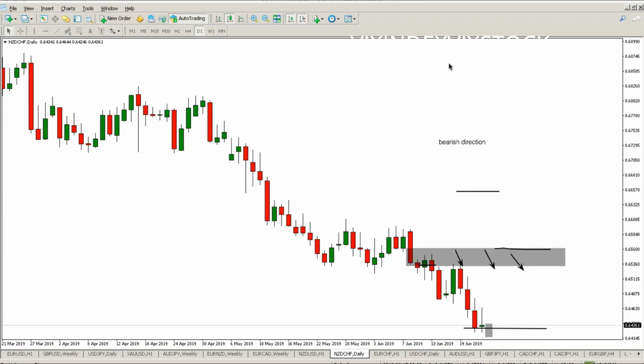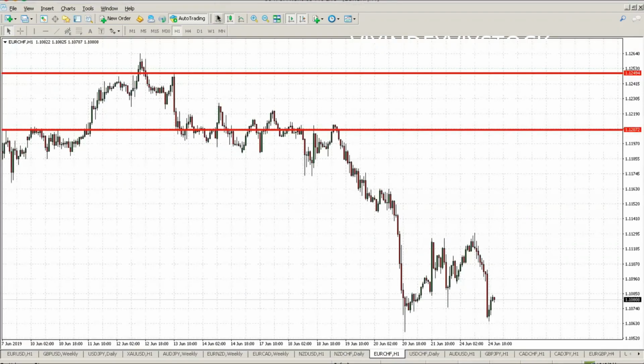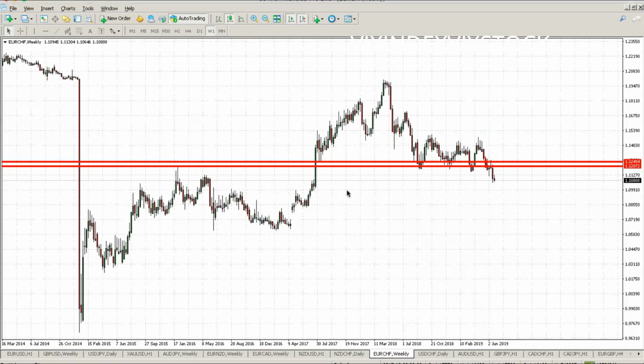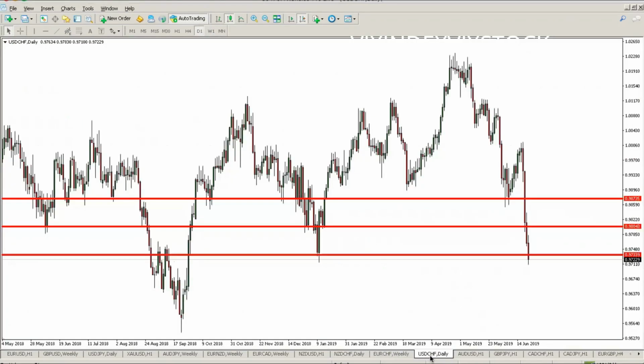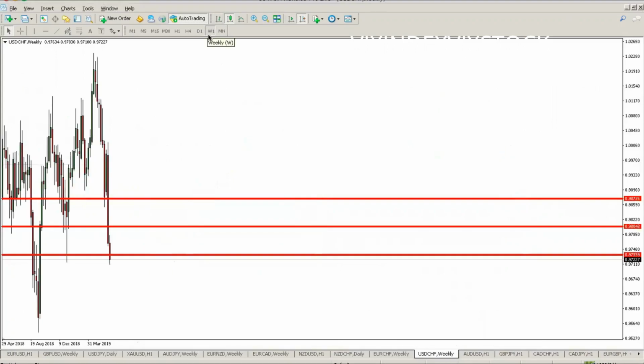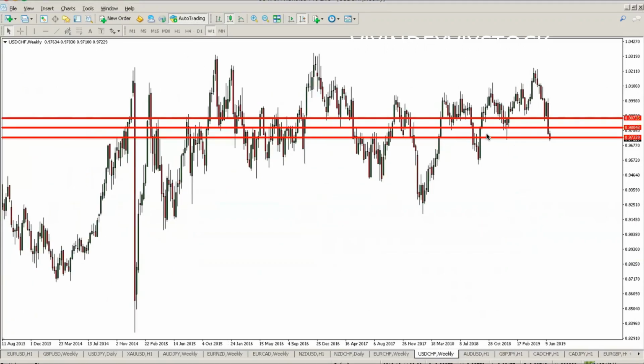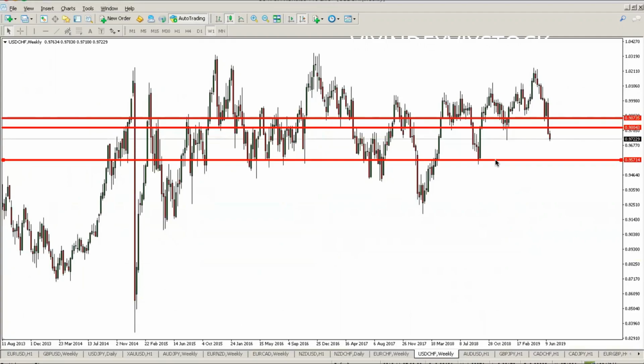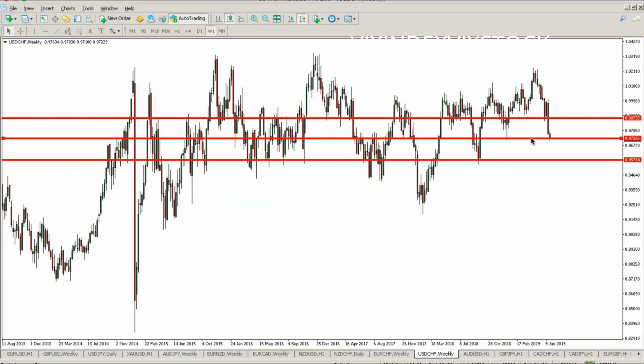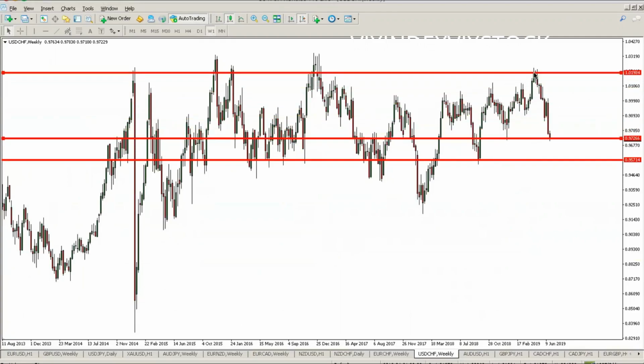Right? Then check another one. There's nothing here. This one's not clear. So there, same applies. Nearest low, current price, nearest high.